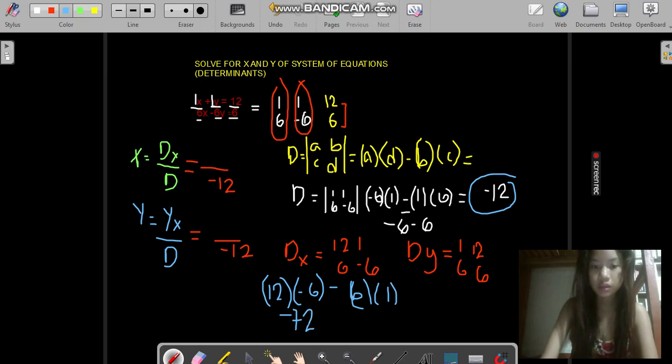Then minus 6 times 1, which is negative 6, which is addition, so it's gonna be negative 78. So Dx is negative 78, and D is negative 12.